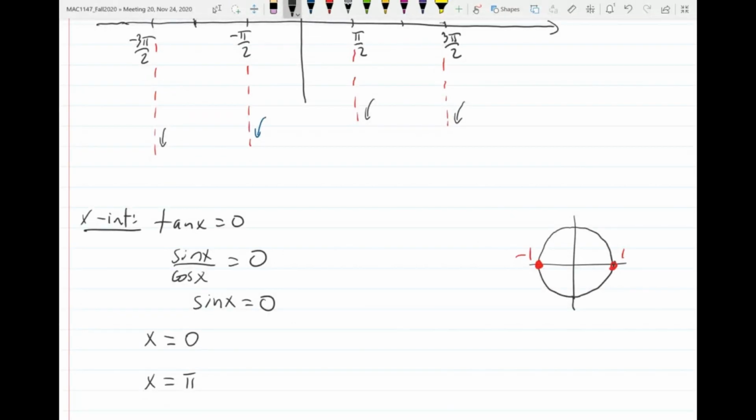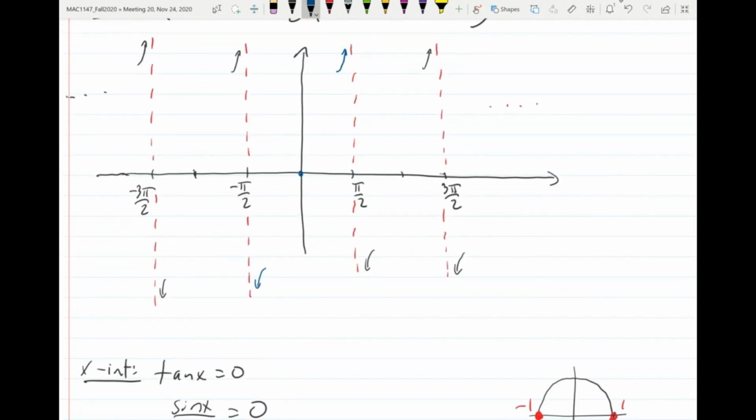But remember, we need to throw in coterminals. So we can actually combine these two by just saying multiples of pi, because you have 0, pi, then 2 pi, 3 pi, 4 pi, and so on. So this can be combined nicely as k pi, where k is any integer. So moral of the story, the function is going to be 0 at 0.